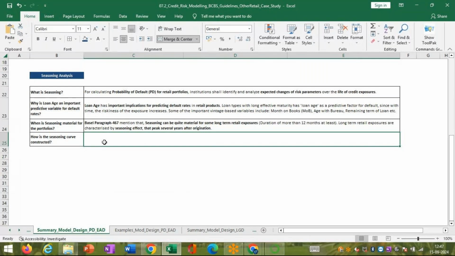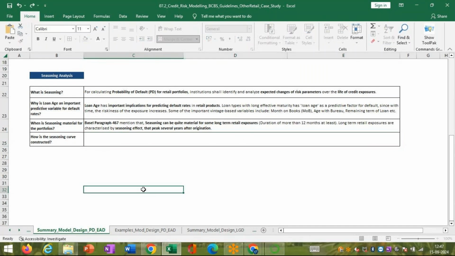Let us try to understand this particular part. The seasoning curve, or the seasoning analysis curve, is constructed using the fixed segmentation method.